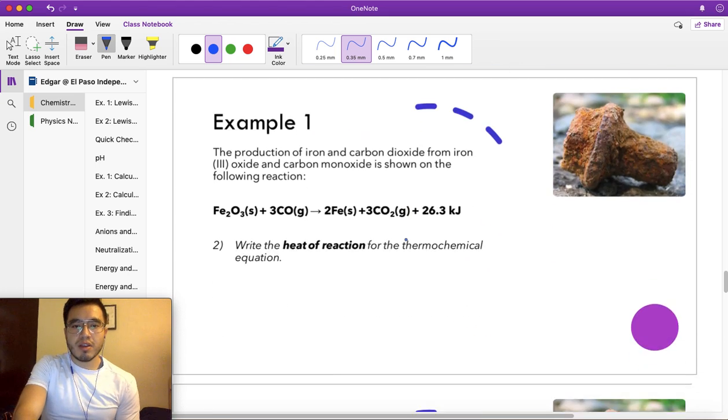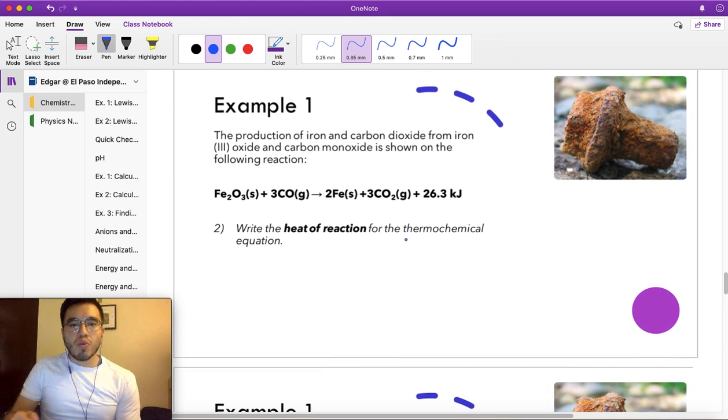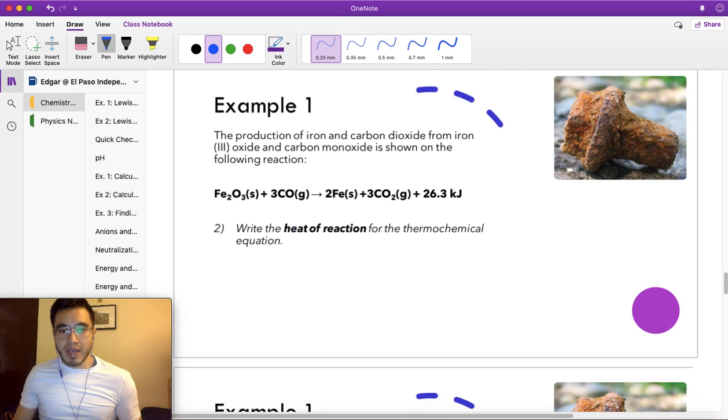Okay, question 2. Write the heat of reaction for the thermochemical equation. That is very simple. We stated heat of reaction was just delta H, change of enthalpy. So you write delta H. The only thing we have to know is if it's positive or negative. And that's where we use the definition of endothermic or exothermic.